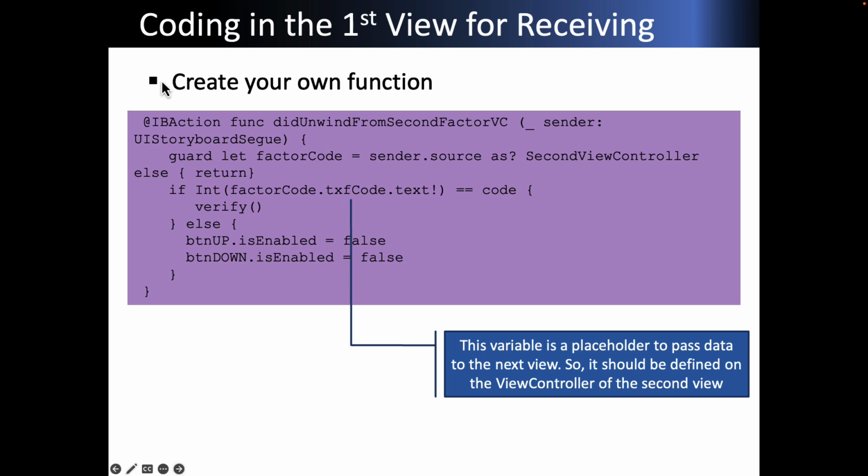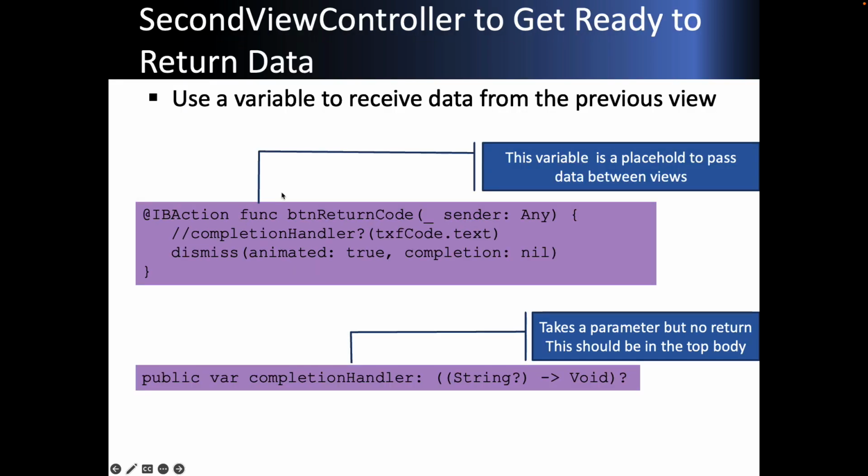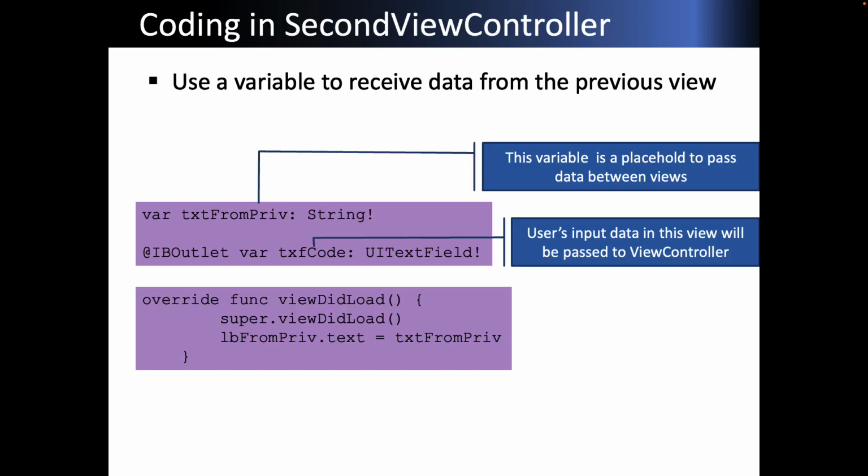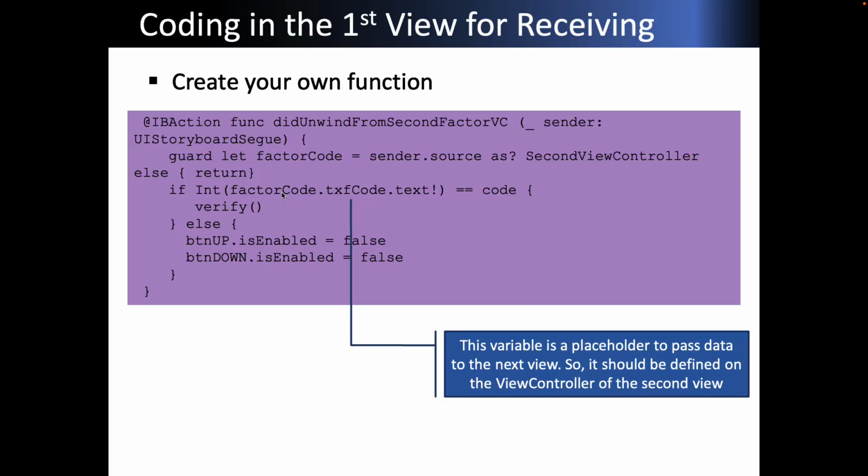this is a variable in the second view controller, right? Factor code. This factor code, I called it differently, but anyway, this is a factor code. This is my current controller, right?